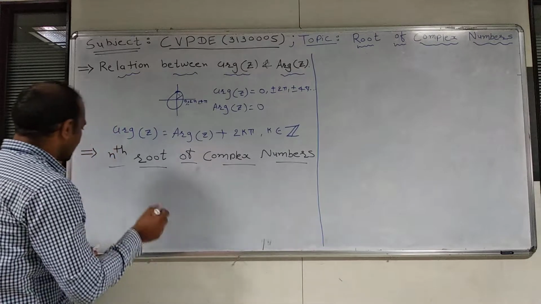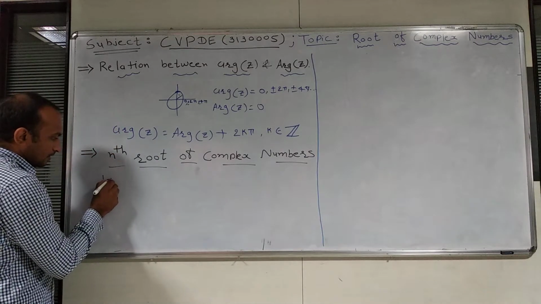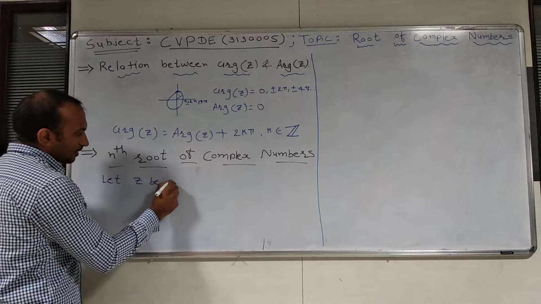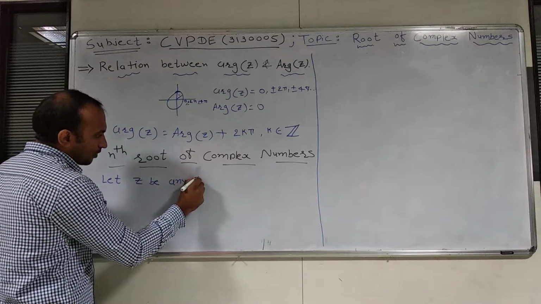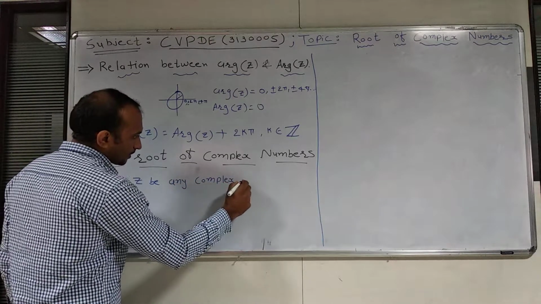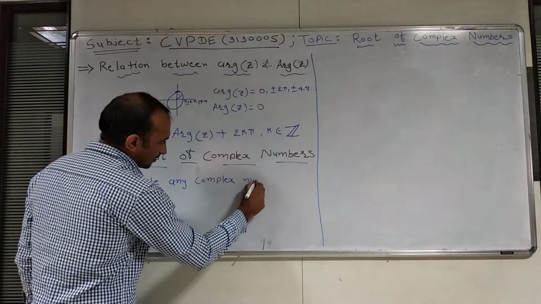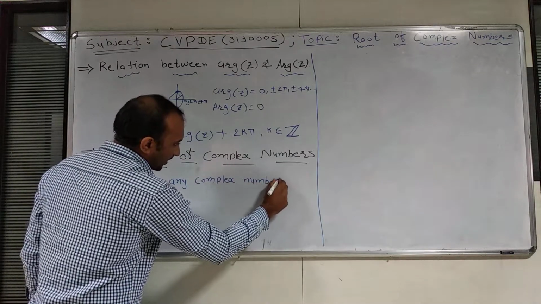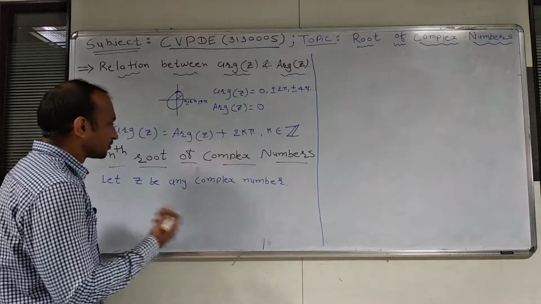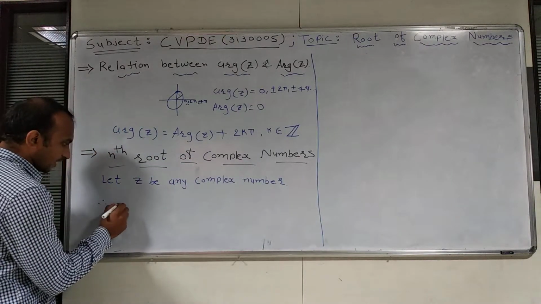So for this, let Z be any complex number. Now our goal is to find the nth root.